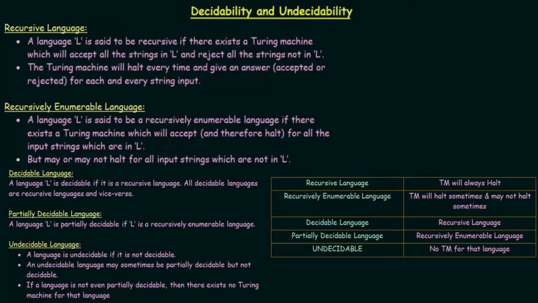Further, we can break it into three types. One is recursive, which we have talked about, that is the recursive language. Then partially decidable language, which is the case where it is a recursively enumerable language but may get stuck. A language is undecidable if it is not decidable.